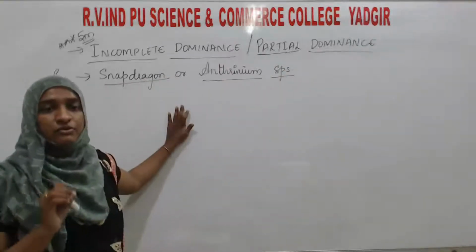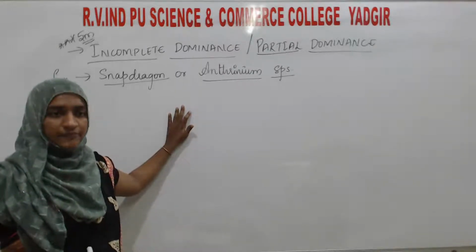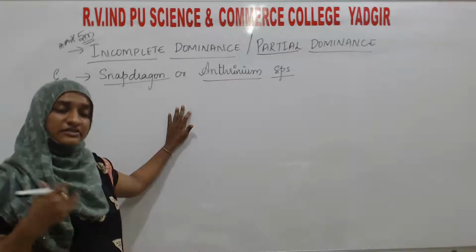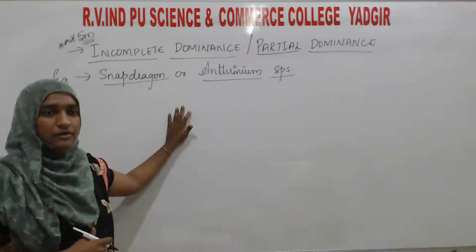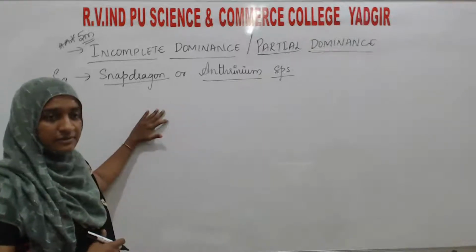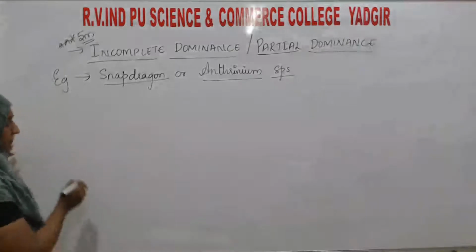Don't forget to mention the example in the answer. Sometimes they will ask to explain the incomplete dominance in snapdragon plant. So like that questions will be asked. So here you see, first we will mention the parents.